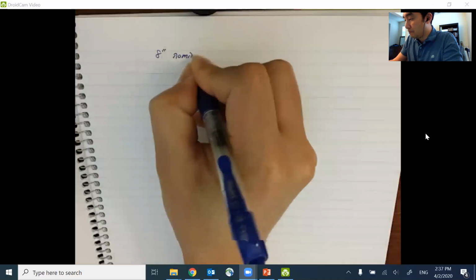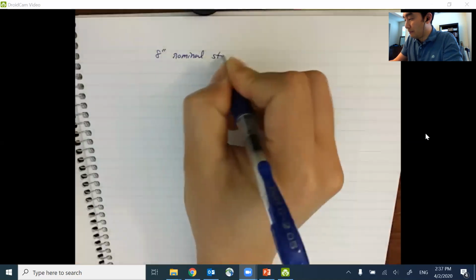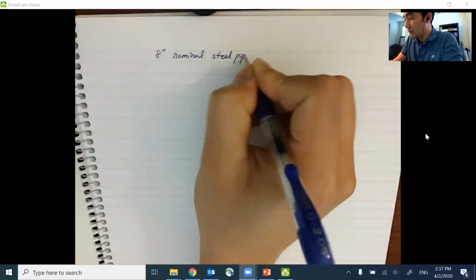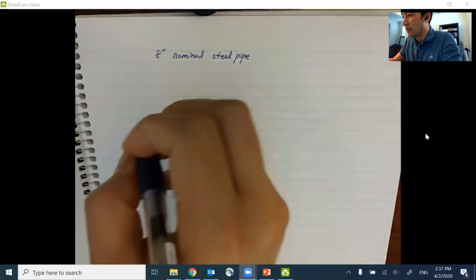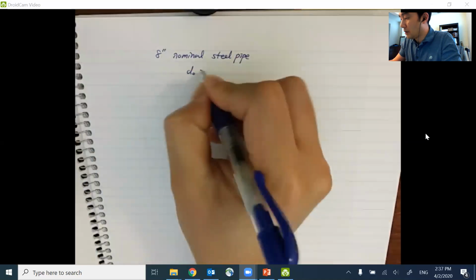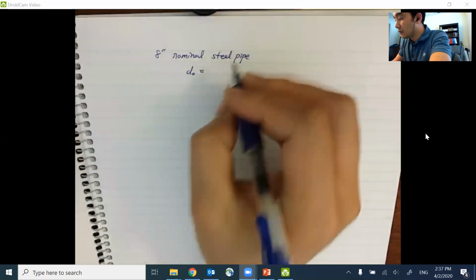I'm going to write down the information we have. The 8-inch nominal steel pipe is going to be used. So here are some properties. The outer diameter is going to be 8.625.